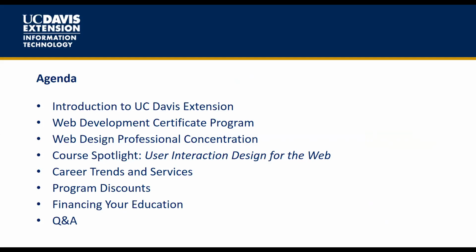And then we'll segue back into some career trends for this field and services we offer. We'll talk about the program discounts that are available to you and provide some information on how you can finance your education. And then we'll end the session with some Q&A. Anything that we're not able to answer today, we will be happy to follow up with you at a later date.